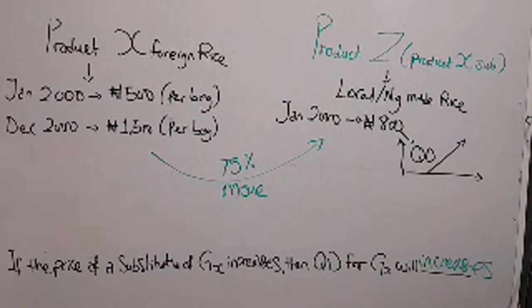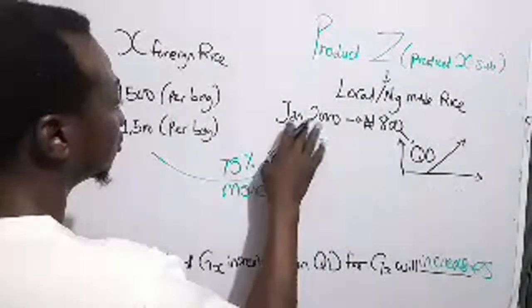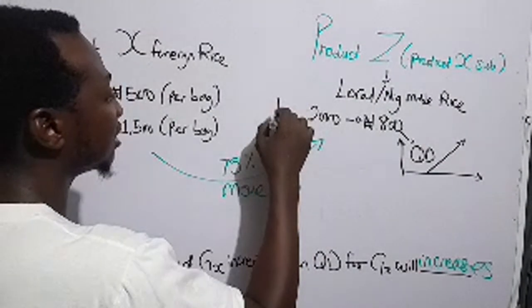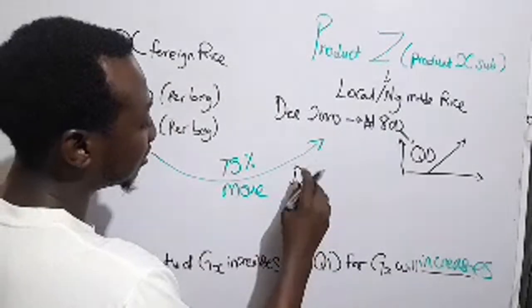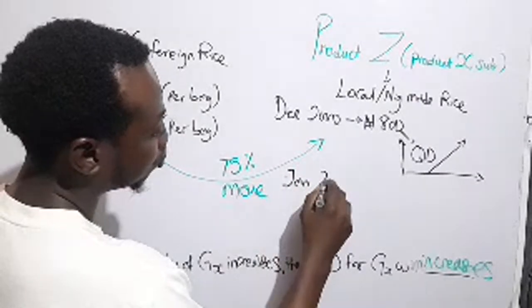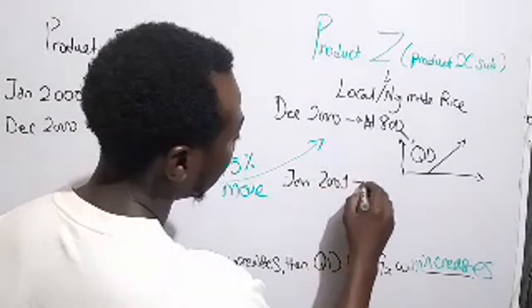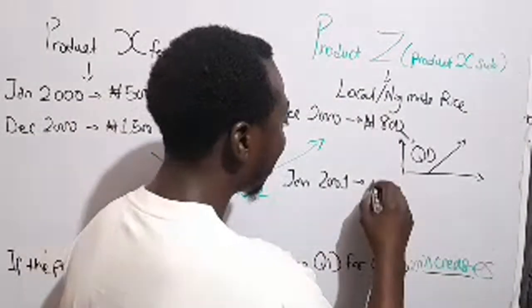The producers then increased the price. This is December. So by January 2001, they now increase the price to 2,000 naira.